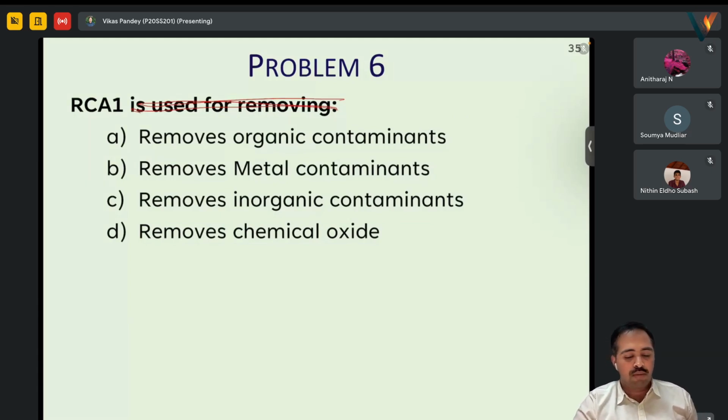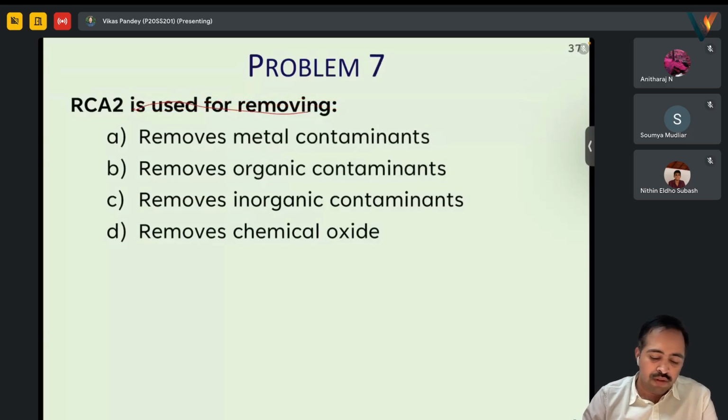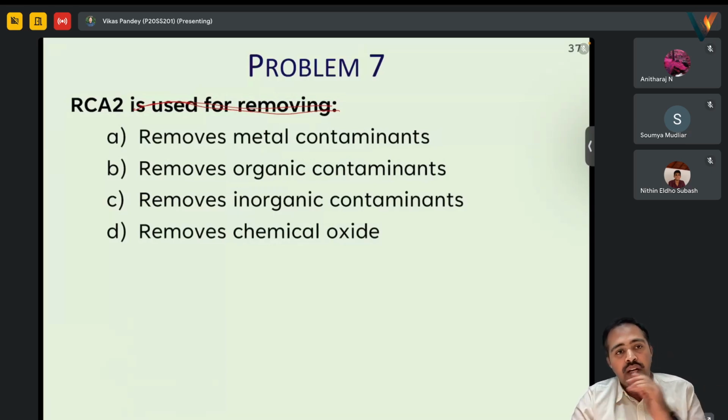Okay. Let's move to problem 7, that is, RCA2 removes metal contaminants, organic contaminants, inorganic contaminants, or chemical oxide.